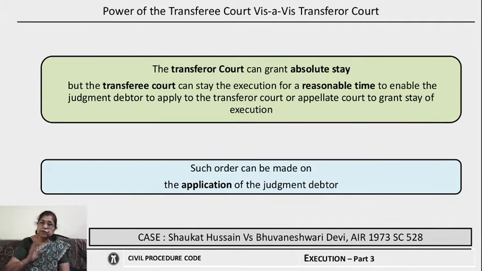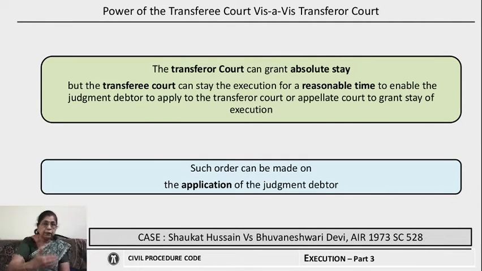Now, what is this power of the transferee court vis-a-vis the transferor court? We know that a court which has passed a decree can transfer the decree to another court for execution. Now, whether that court also has a power? Here, looking at Rule 26, we can see that the transferor court has a power to grant absolute stay.